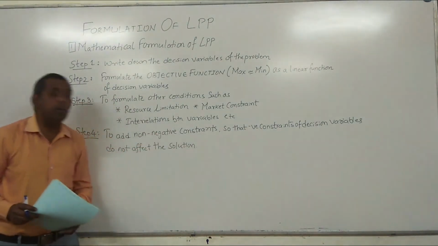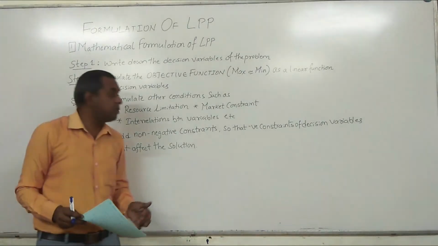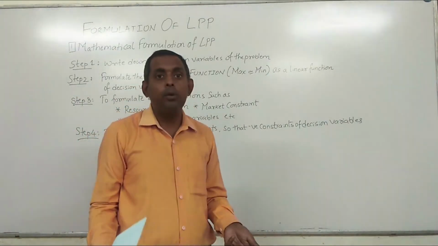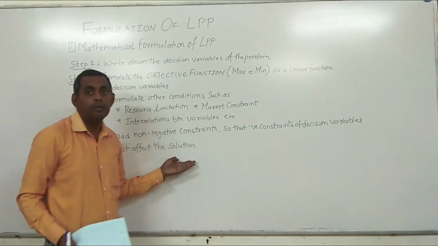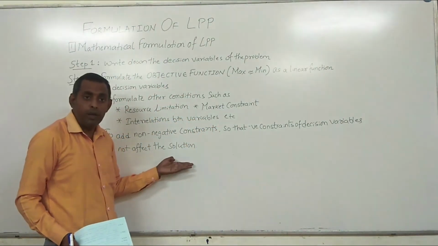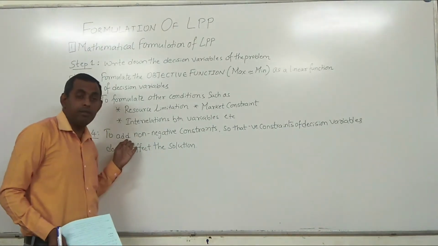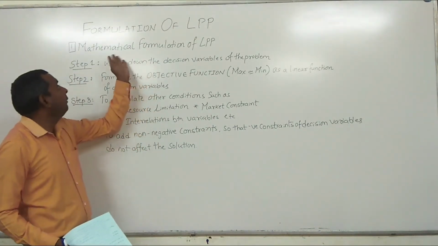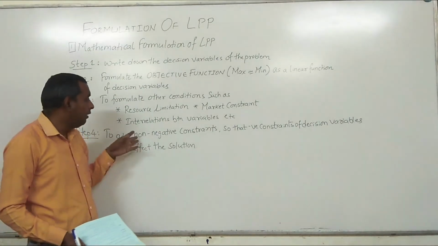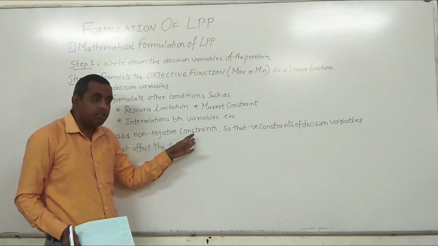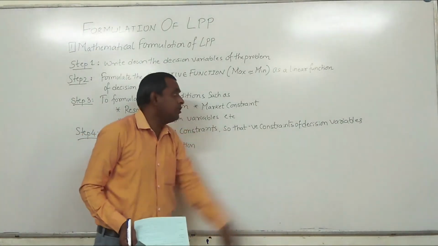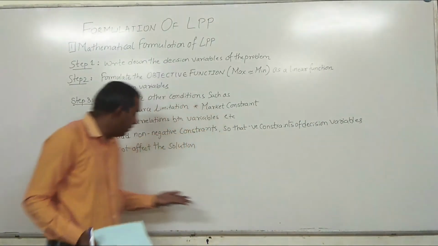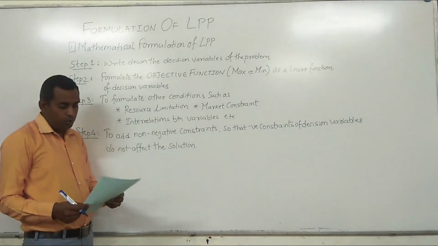Let me explain this one. To add non-negative constraints. There are some constraints that are negative, and in further results they are going to affect the solution. That's why we are supposed to add non-negative constraints in the mathematical formulation of LPP. Adding them is very important, so that these negative values of decision variables do not affect the solution.